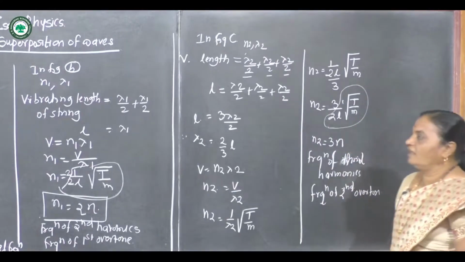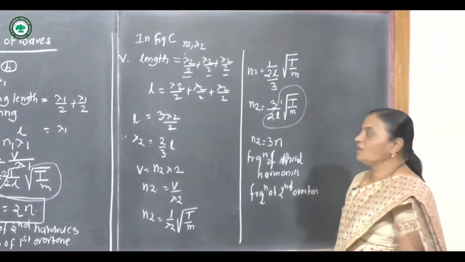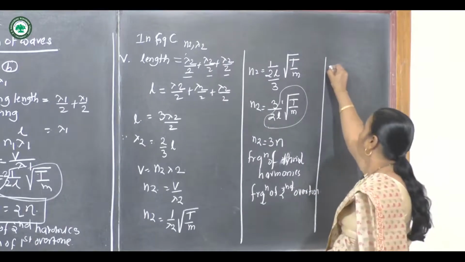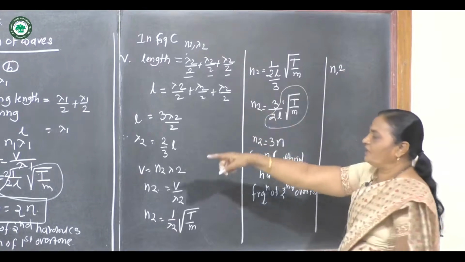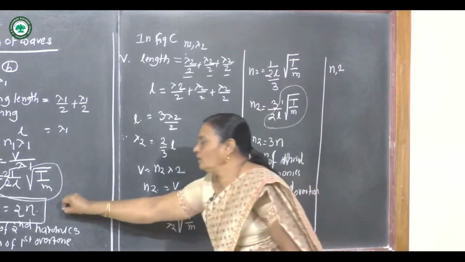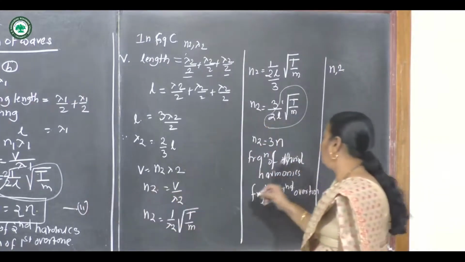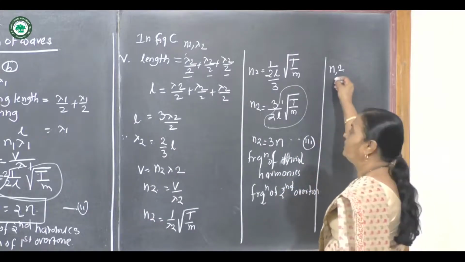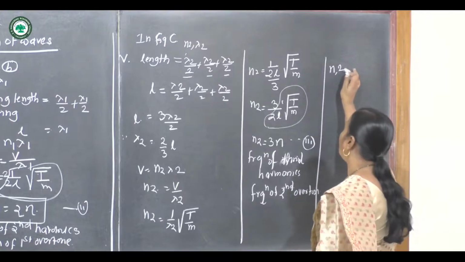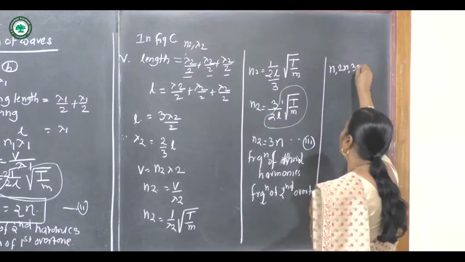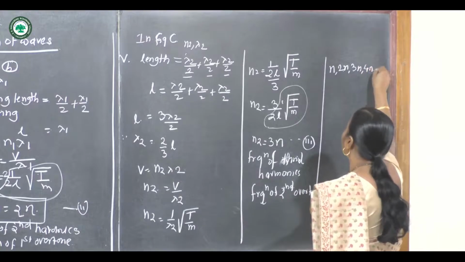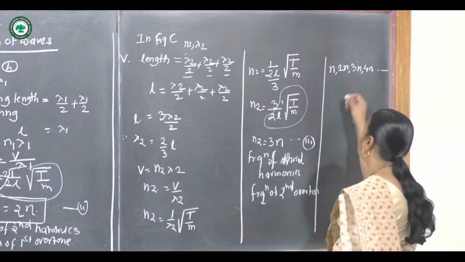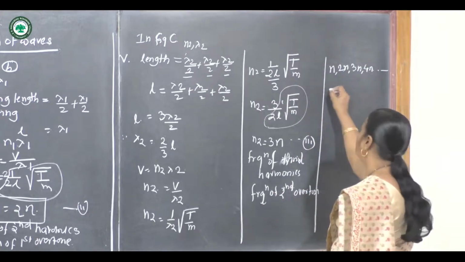Thus, we can say that vibration in the string consists of the frequencies N from equation 1, 2N from equation 2 and 3N from equation 3. The frequencies are N, 2N, 3N, and the next mode has frequency 4N.